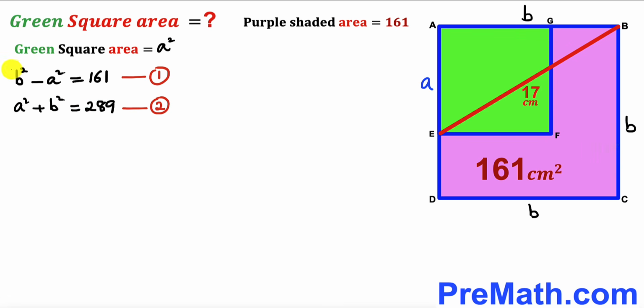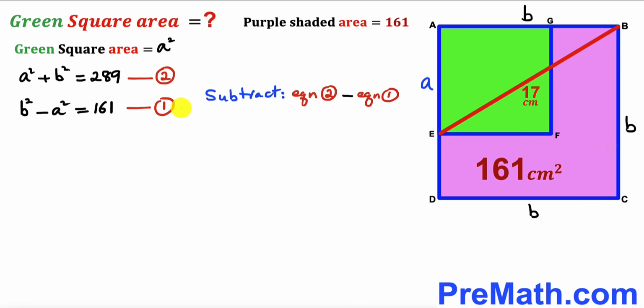Thus we end up with this system of two equations, number 1 and number 2. Now I am going to subtract equation 1 from equation 2. So I'm going to change the sign of equation 1: positive becomes negative, negative becomes positive, and this positive becomes negative as well.